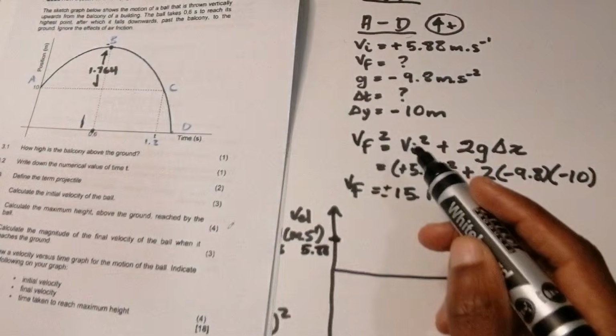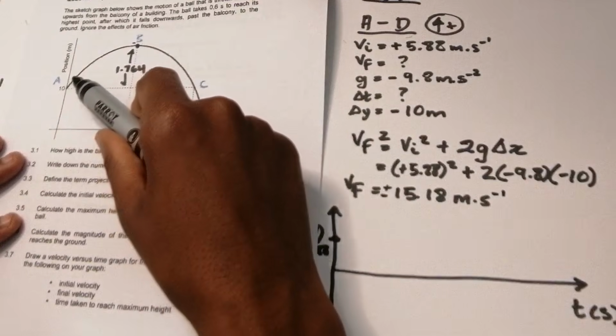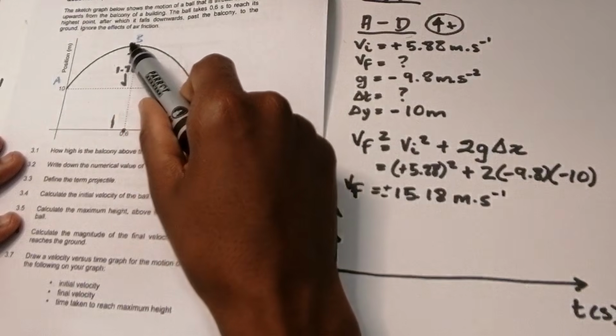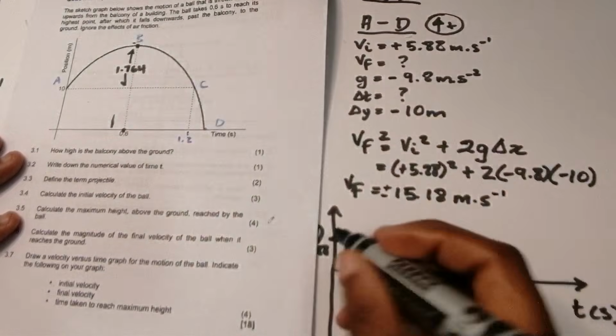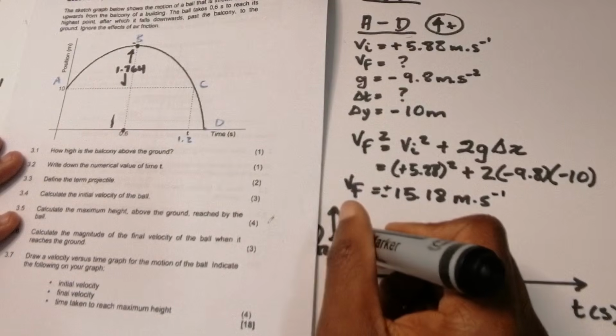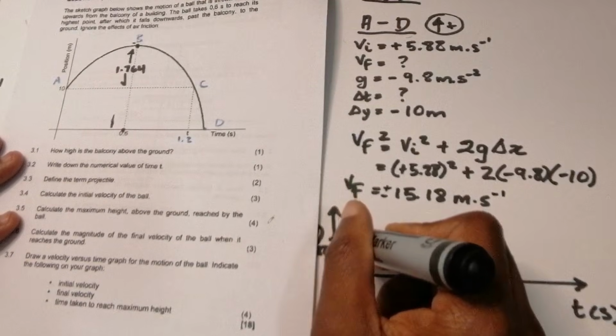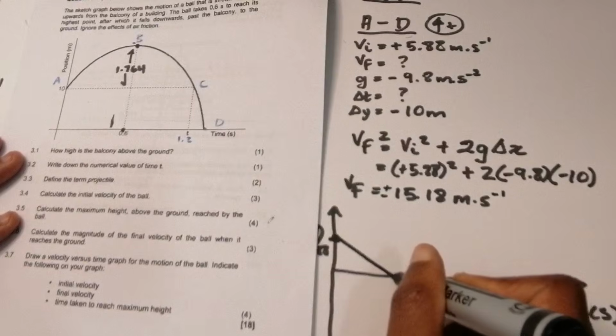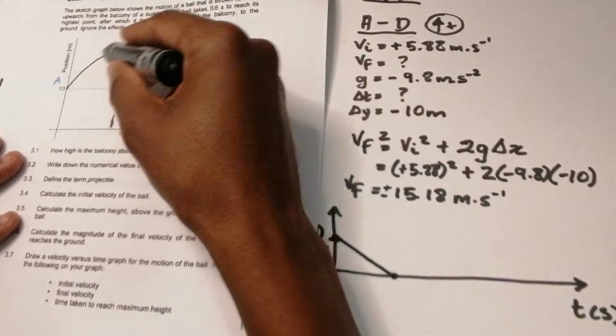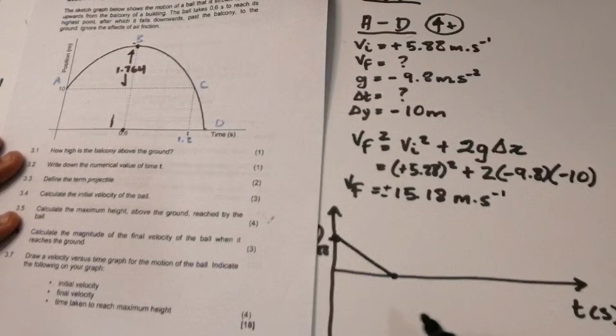But what happened? As the ball went up, the velocity was decreasing until it got to 0. Started at 5.88, decreased until it got to 0. Decreased in the positive direction. It's going up, isn't it?